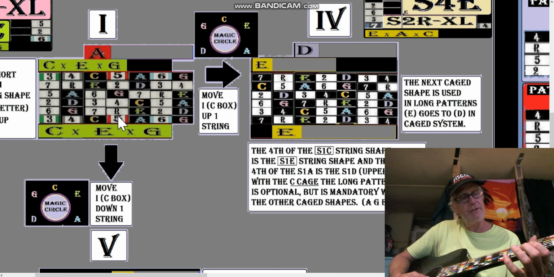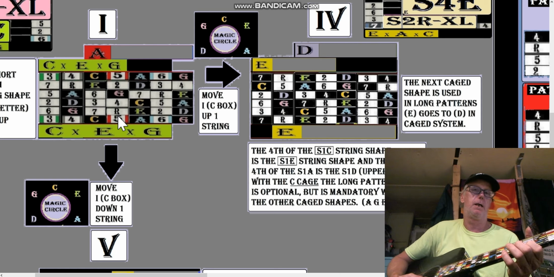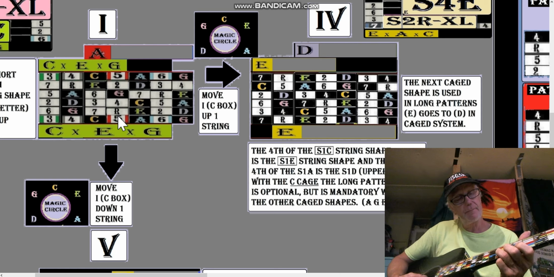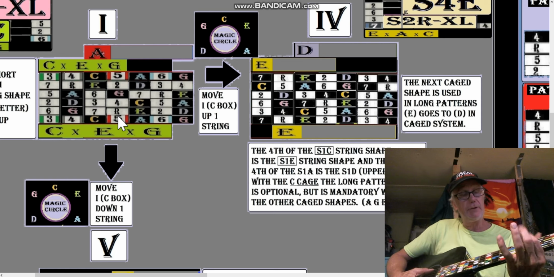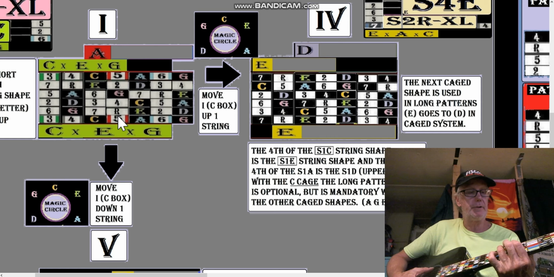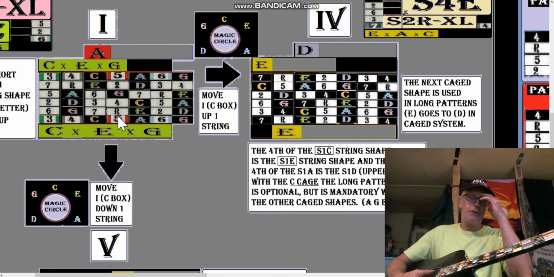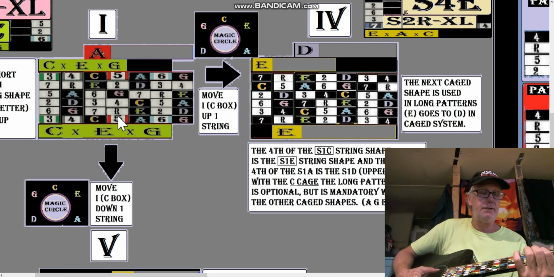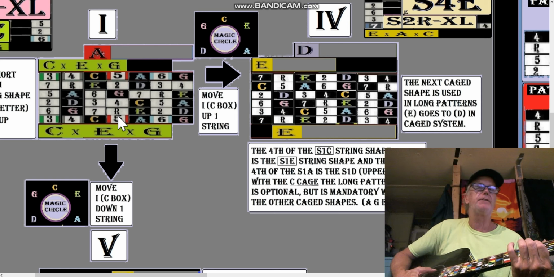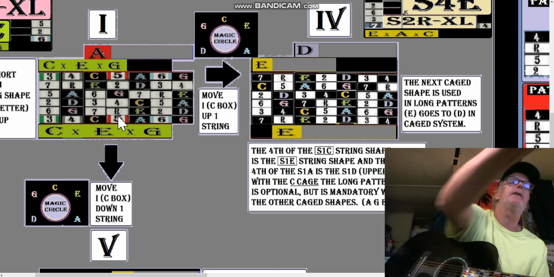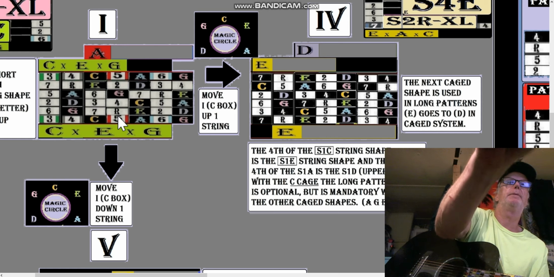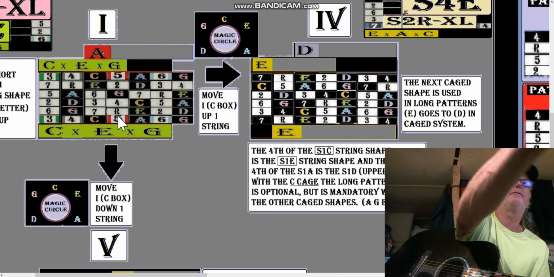The fourth of the C string shape is below it. Like we talked about earlier in the lesson, 7 root 2. So we're in the F chord, the fourth. But we want to play pentatonically, so we're not going to play the seventh of that F. We're not going to play the fourth.